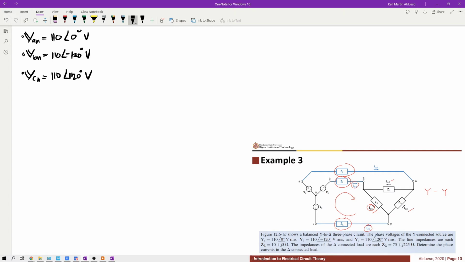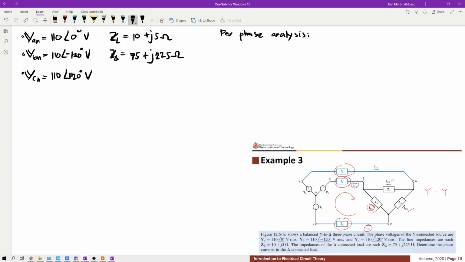And then we have ZL equivalent to 10 plus j5 ohms and Z delta equivalent to 75 plus j225 ohms. For this example, we will need to use the per phase analysis. So I need to convert the circuit into a Y to Y balanced system.